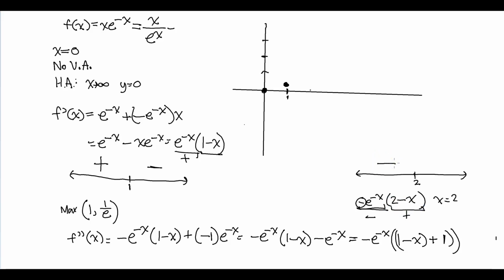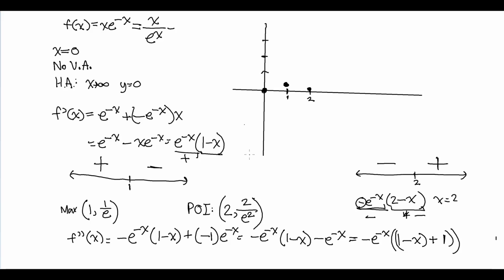For x greater than 2, this quantity will be negative, so you have two negatives that form a positive. So you have a point of inflection at x equals 2, at 2 over e squared, which I believe is even smaller. It's concave downward for all values of x less than 2 and concave upward for all values of x greater than 2.